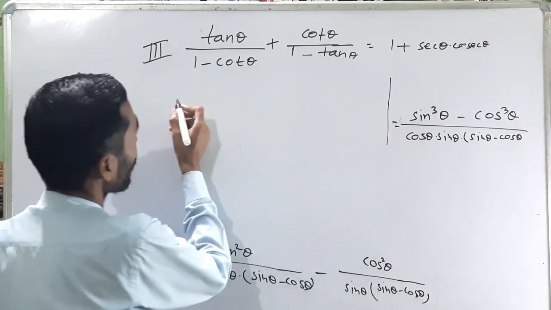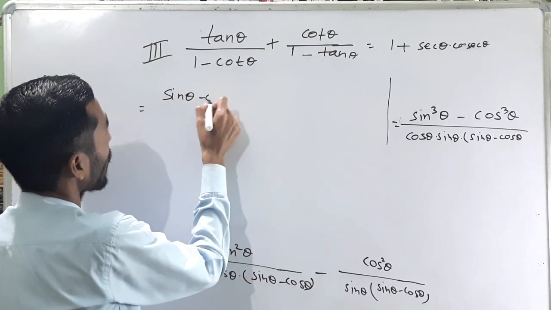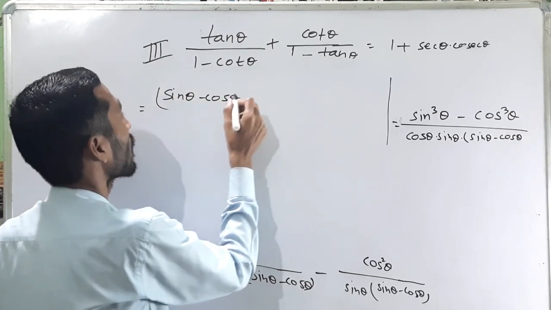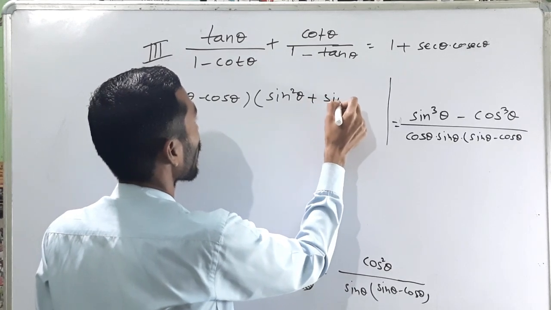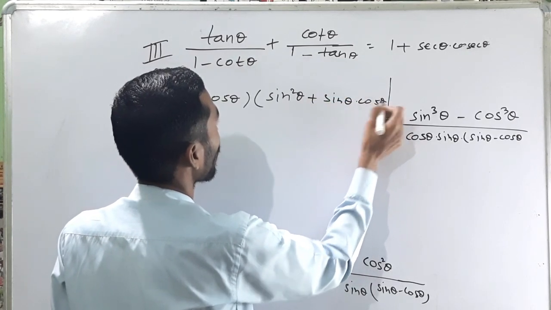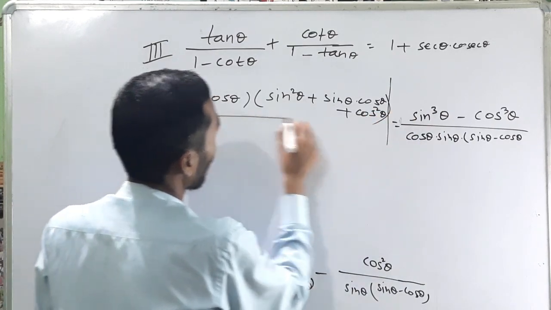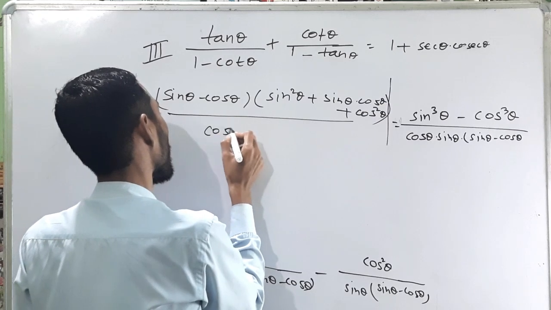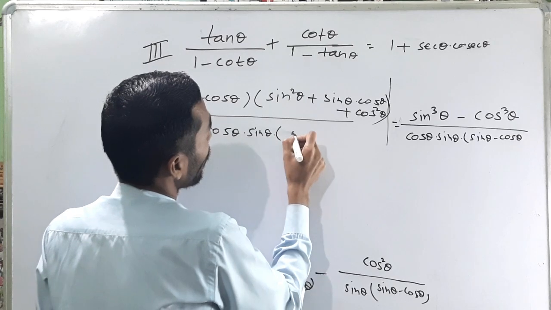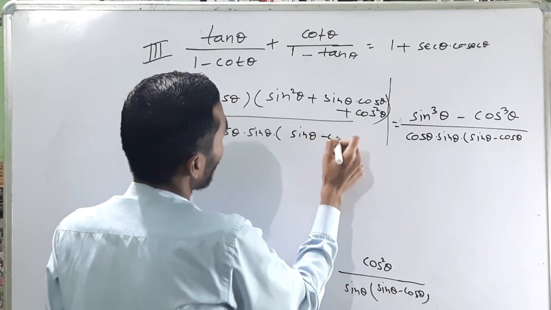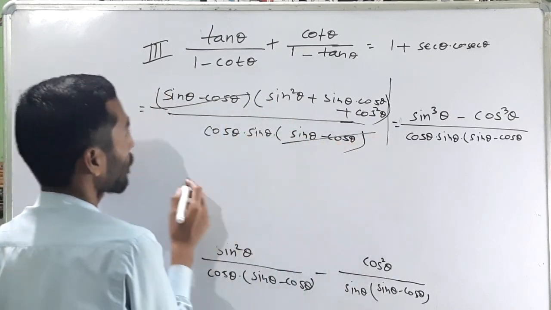So we can change here: a minus b, a square, plus ab, plus b square, by cos theta into sine theta, minus cos theta, and we can cancel it.